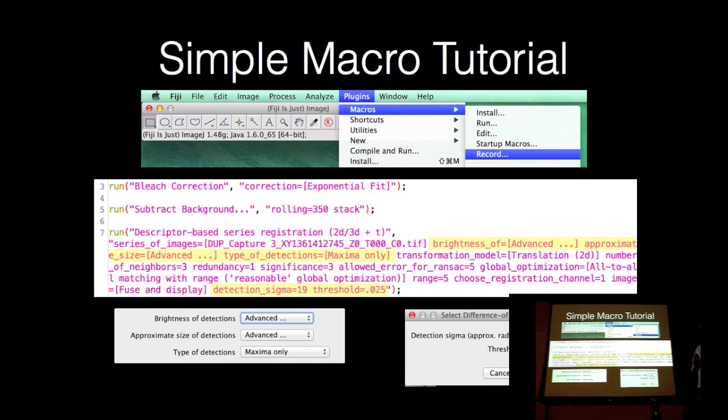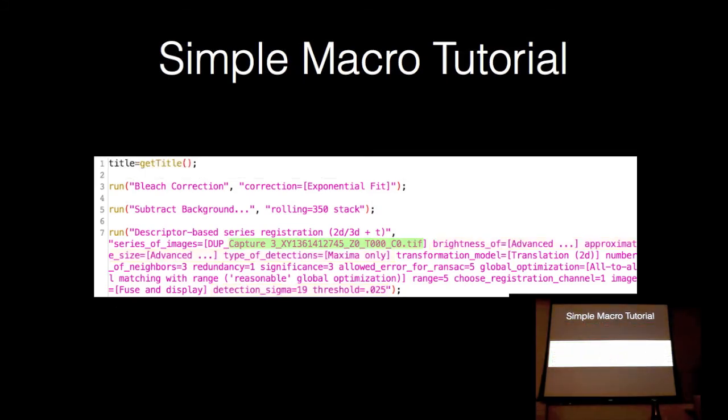Okay, so there's one other problem though, and that's that if you notice closely in this code, there's this portion here which is related to the file name that we're using. And we want to write something that's completely general. We want to have it so that I've got my image open, and now I want to run this code, and I want it to do this set of things. So I don't want to hard code this, I want it to be the title of the TIFF.